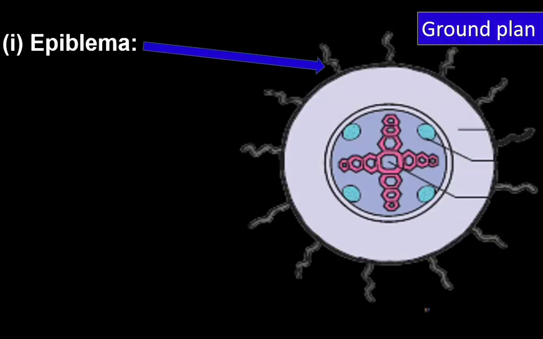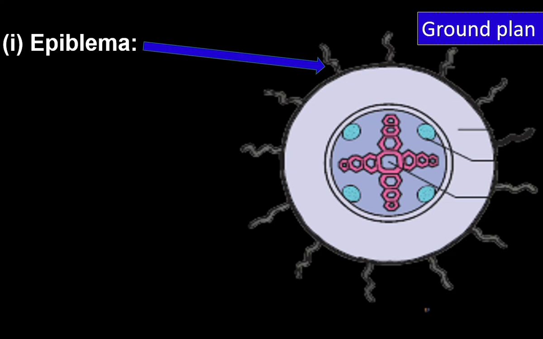Epiplasma is the outermost covering. We have already learnt that epidermis is the outermost layer of root, stem and leaves. The epidermis of root is called as epiplasma or rhizodermis.